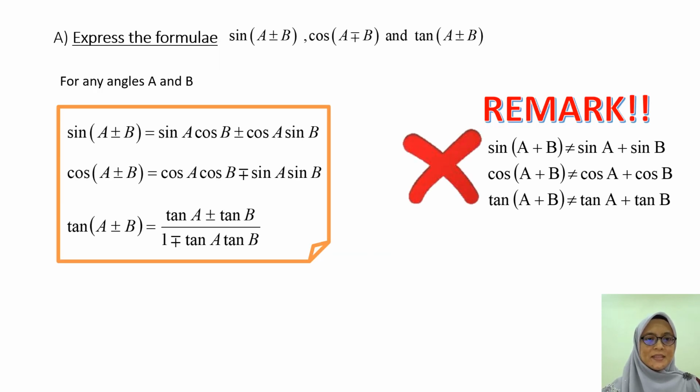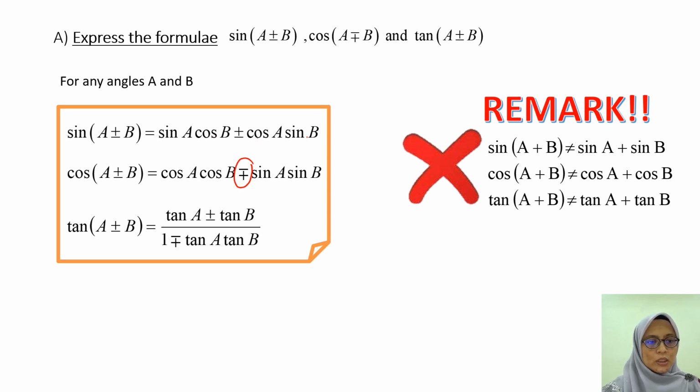Okay, so first, express the formula for sine A plus minus B, cos A plus minus B, and tangent A plus minus B. So this is the formula for compound angle: sine A plus minus B equals sine A cos B plus minus cos A sine B. And then cos A plus minus B equals cos A cos B minus plus sine A sine B. Okay, so for the cos compound angle, you have to be alert because the sign is a bit reversed.